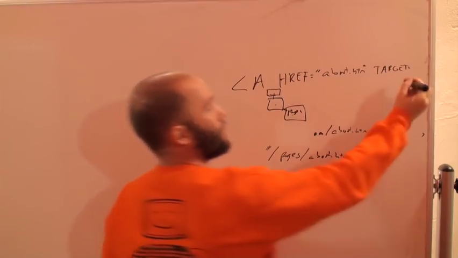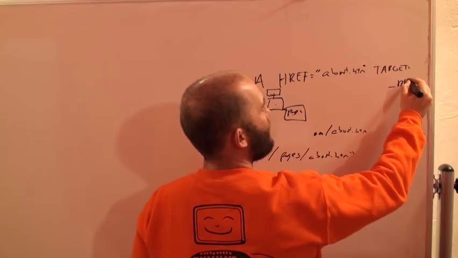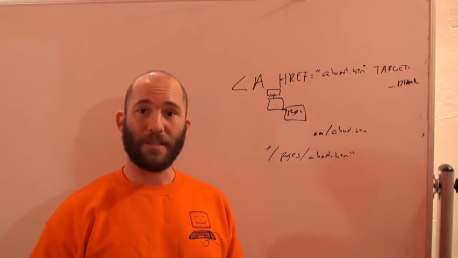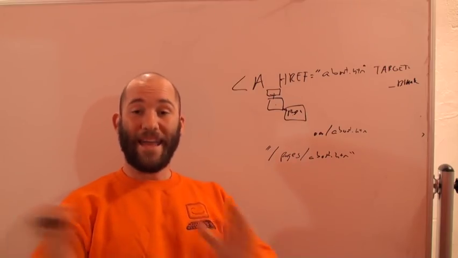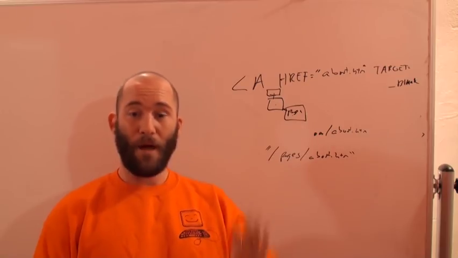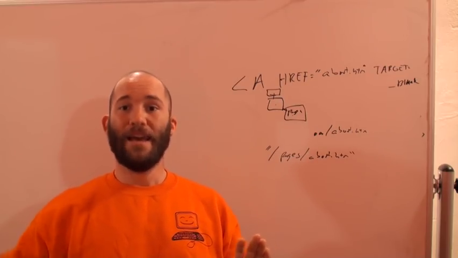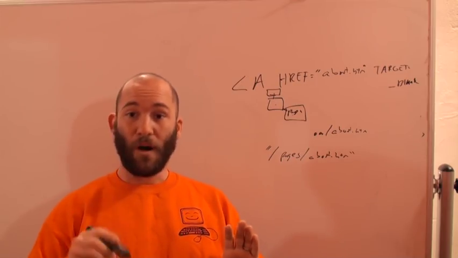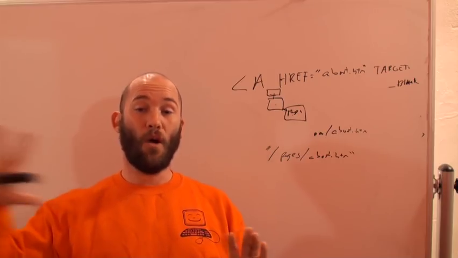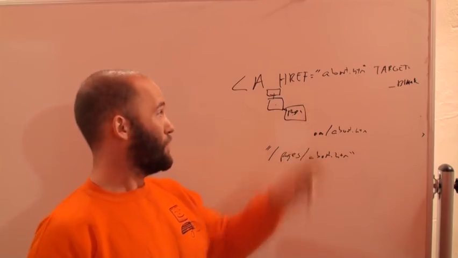If you use target underscore blank, then you open a new window. So with tab browsing, you would open a new tab, and in that new tab is where you would go. So if you're on my website and I have a hyperlink to somebody else's website, I will have target equal underscore blank so that a new tab or a new window opens up with their website. My website stays open. So that's what you can do with the target.